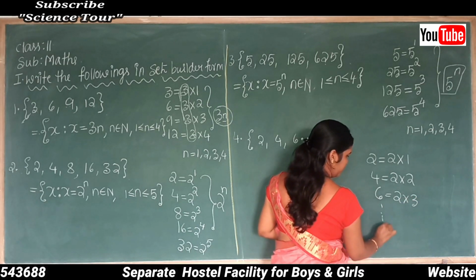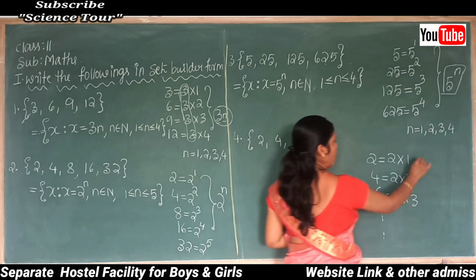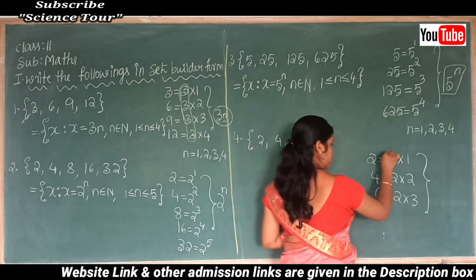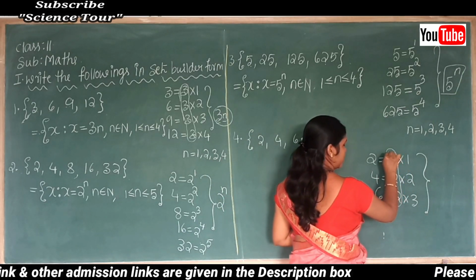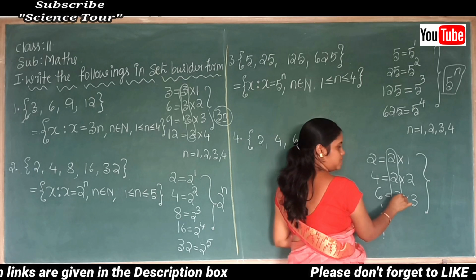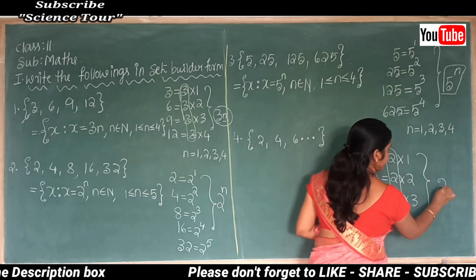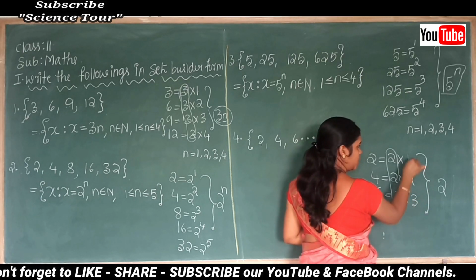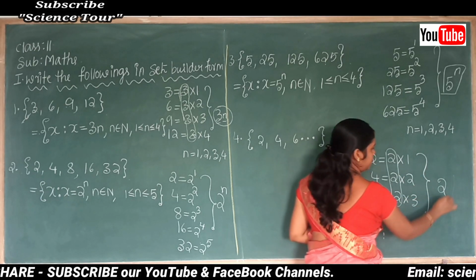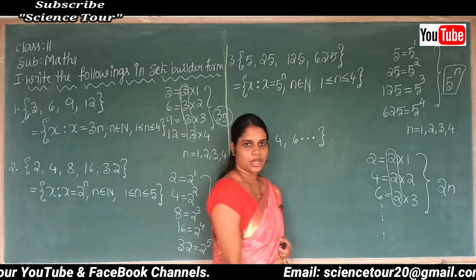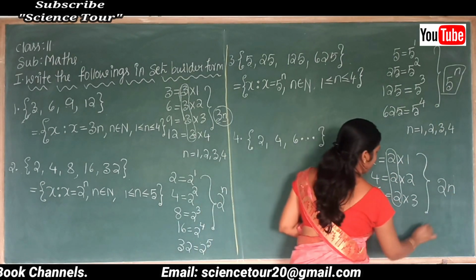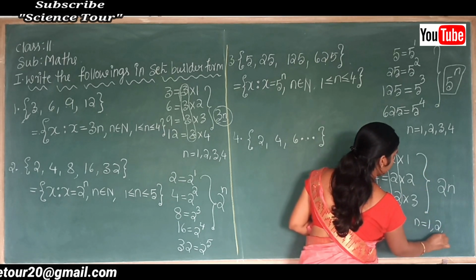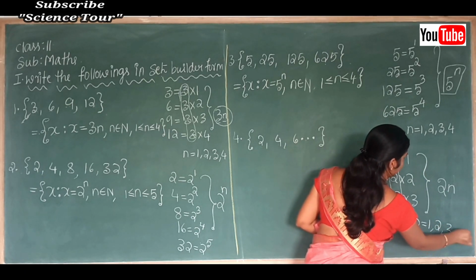Again, the same process is continuing here. The first multiple is constant, so write it as it is. Only the second multiple is varying, so I'll represent the second multiple by n. The values of n are 1, 2, 3 and so on.